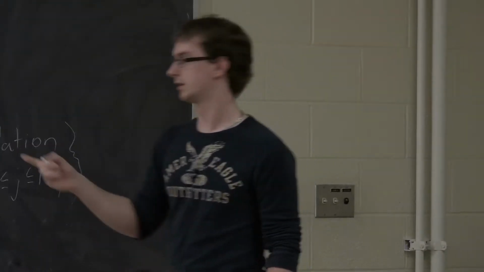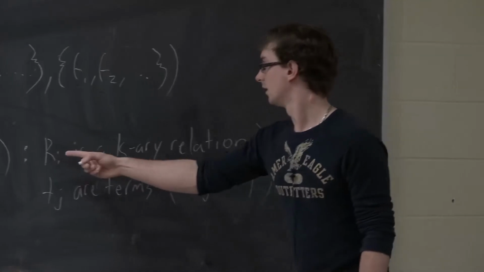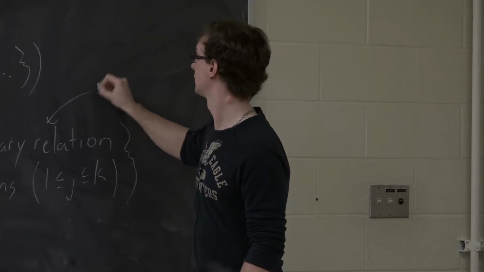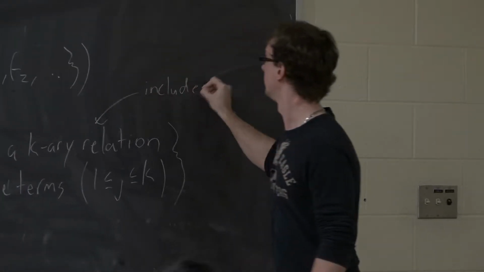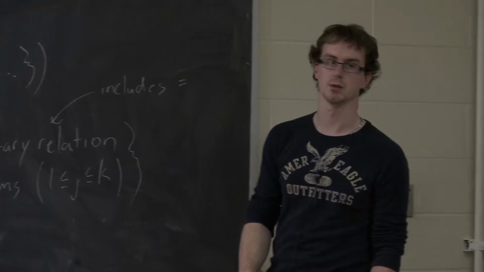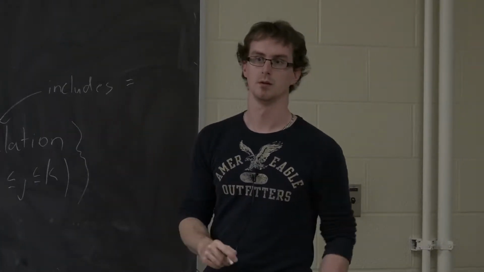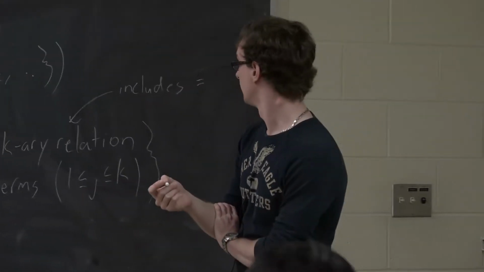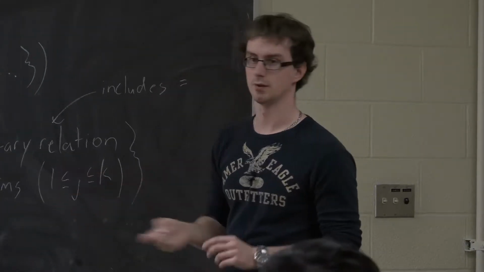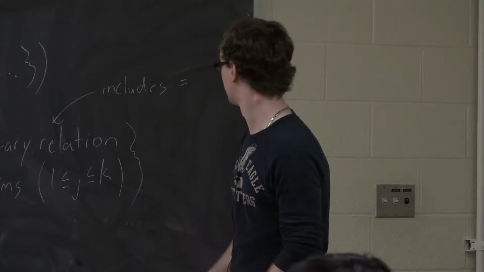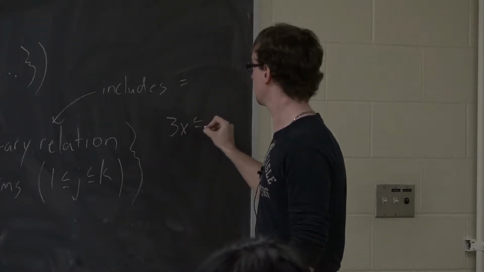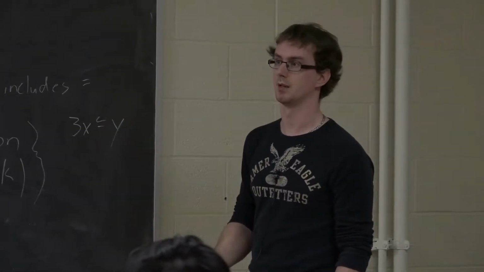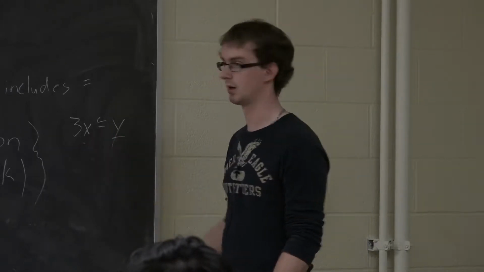Okay, and it's important to note that among the possible relations that we can choose, this also includes the equals relation. So that's language independent, so it'll be one of the relations we can use. Okay? So an example of this in the language of number theory would be something like 3x is less than or equal to y. And that does have a truth value associated with it, depending on the values of x and y.